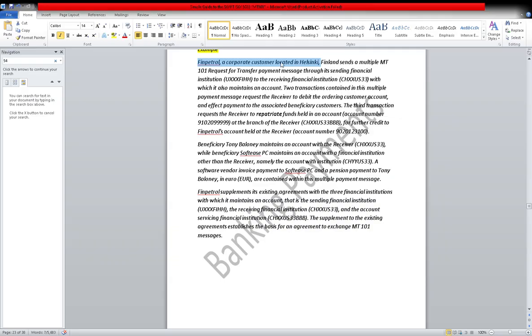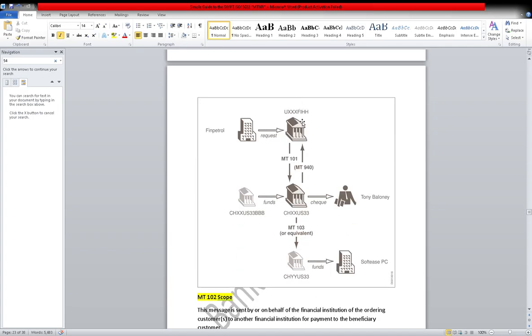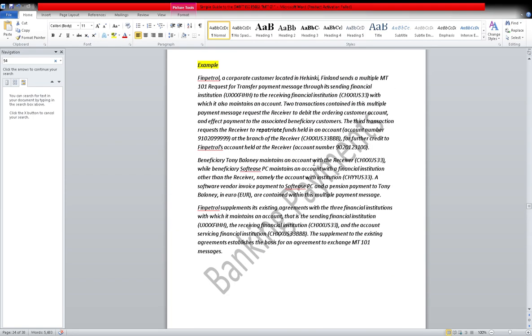Fine Petrol, a corporate customer located in Finland, sends multiple MT101 requests for transfer of payment through the sending financial institution. It is sending a payment through this bank, UXX, the first one. UXX FI sends multiple MT101s throughout the day.